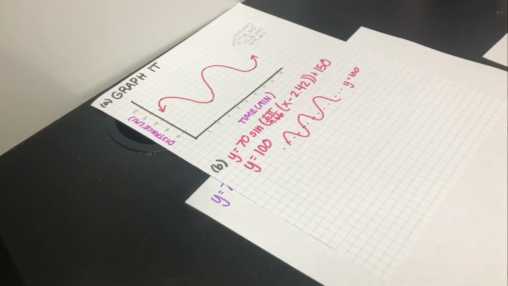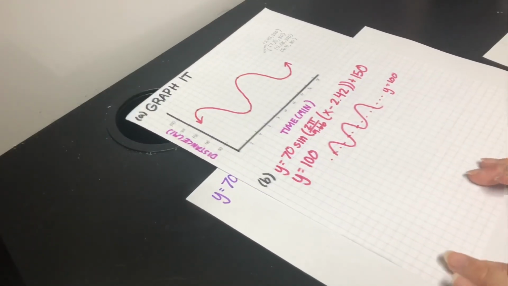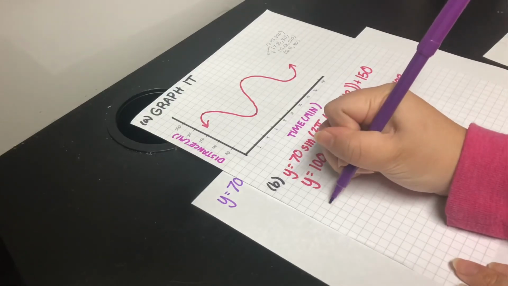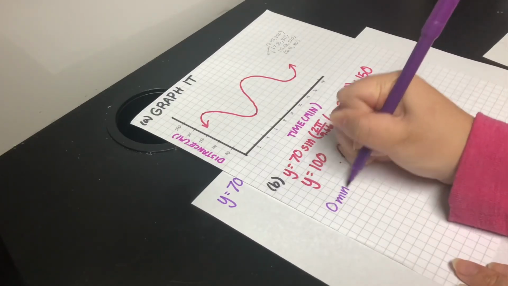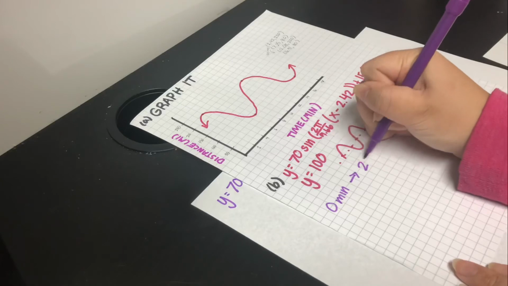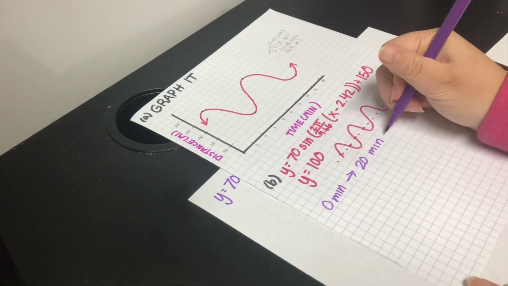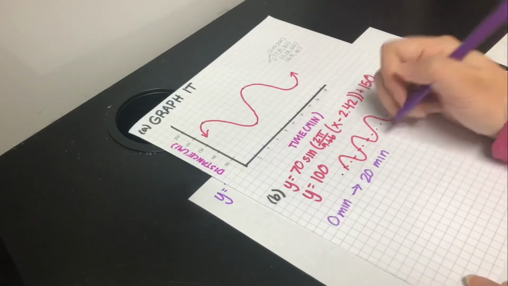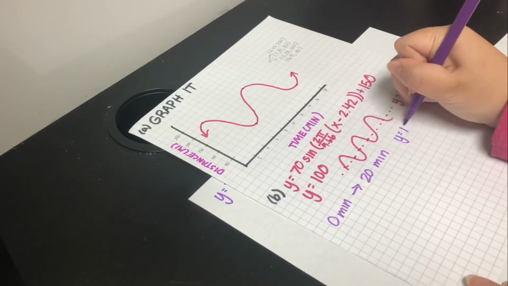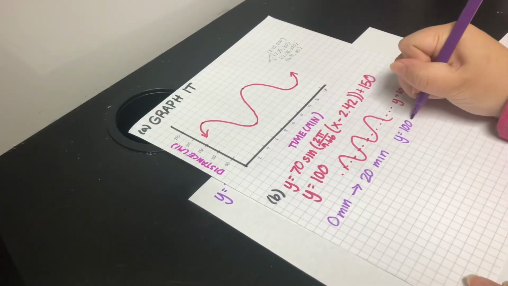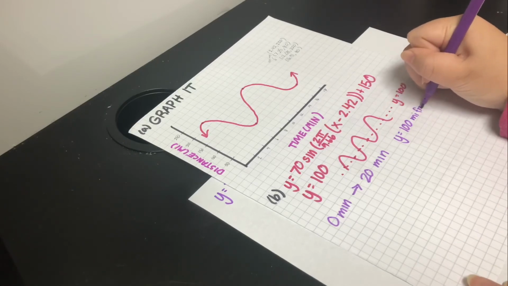So from our Desmos graph, we found that from 0 minutes to 20 minutes, we're trying to find when the airplane hits around or exactly 100 miles from the airport.